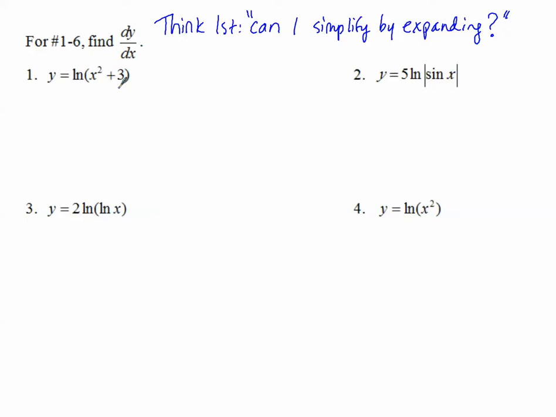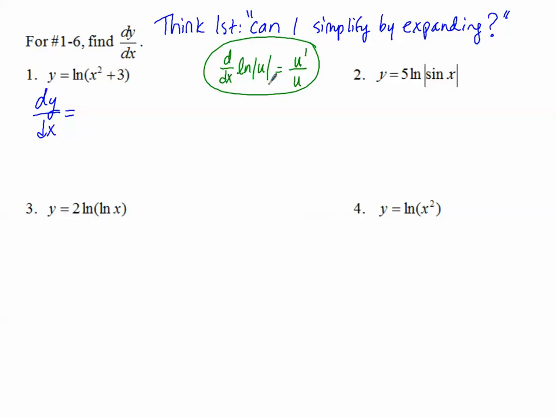So I can't here. So I go straight into my derivative, dy dx equals, and I think to myself, the derivative with respect to x of the natural log of whatever is in there is the derivative of whatever's in there over whatever's in there. Or the natural log of u turns into its derivative, u prime over u.